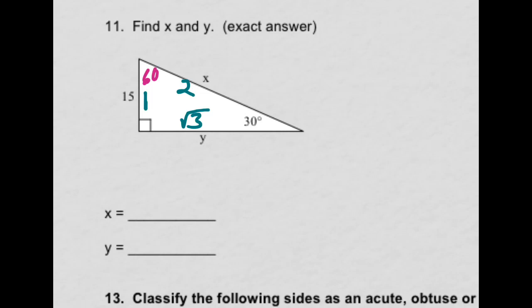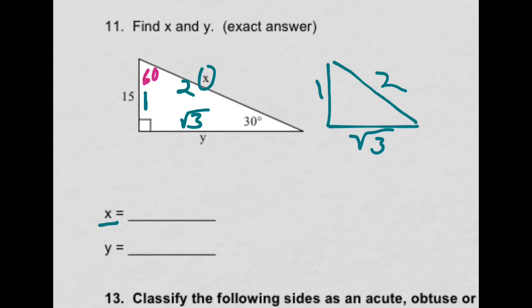So you've got this triangle, the one that we're trying to figure out, and you have your known one. So let's draw your known. 1, root 3, 2, right? And so first they want you to try to find x right here. Here's your x. So just draw out that known triangle and always start with your x. And let's say x over, now your x is along your hypotenuse, right?